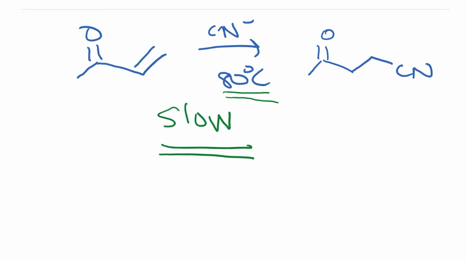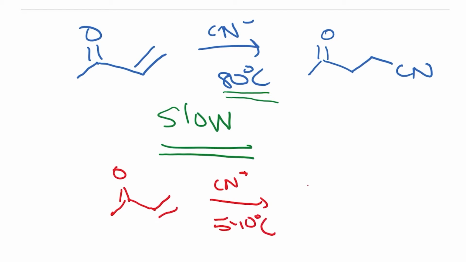Okay, so I will now just quickly summarize. What we are suggesting is that at low temperatures, somewhere between 5 and 10 degrees centigrade, this reaction gives you CN, OH, and a double bond. Okay, so this is the fast reaction.